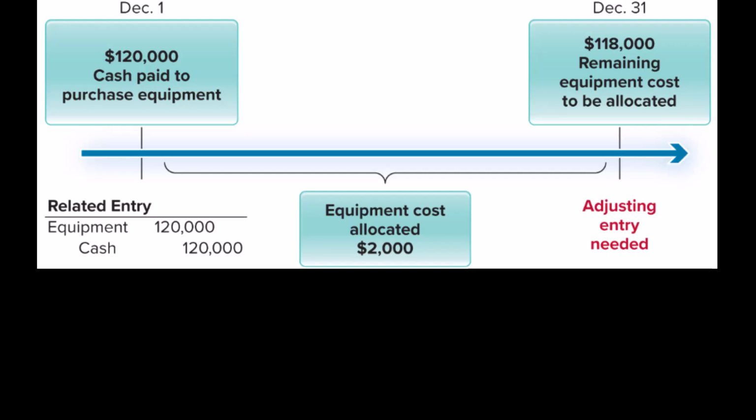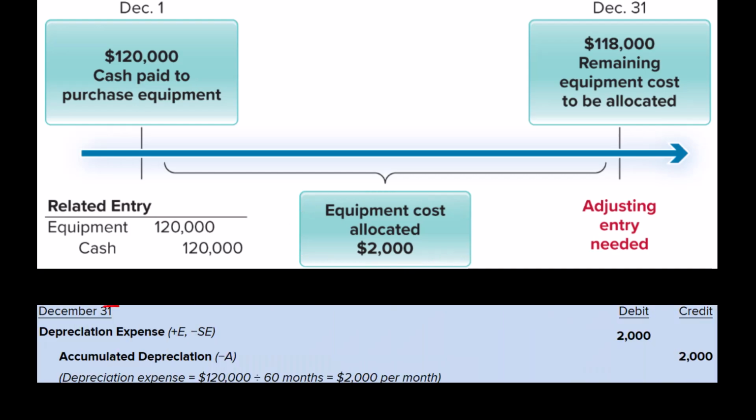For December, 1 month of the equipment's use has expired, which is an expense of $2,000. So, we debit depreciation expense for $2,000. Now, you might expect us to credit the equipment account directly, but for depreciation, we use a special account. We credit a new account called accumulated depreciation for $2,000.